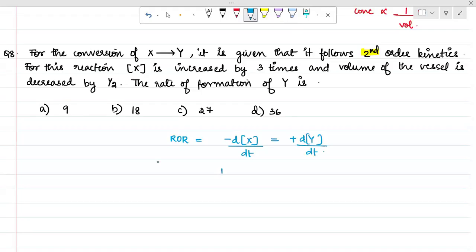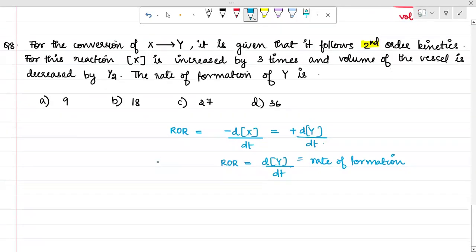So rate of the reaction is equal to dy by dt, which is same as rate of formation of Y. So we have learned the differences between rates of formation and rates of reaction. Here, as the coefficient is 1, it does not make any change. So what we have to find is rate of the reaction only. They are the same.